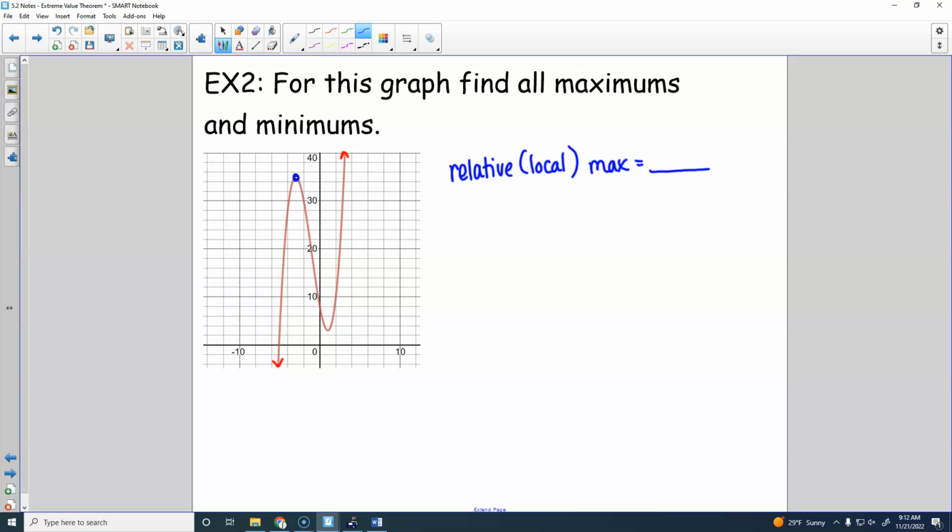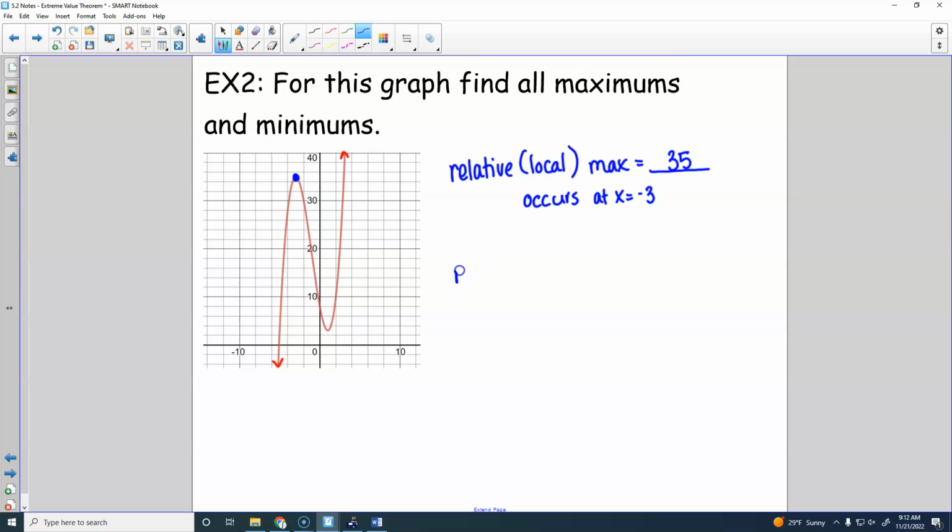And which coordinate is our maximum? The y. So the y coordinate there is probably 35, we're estimating a little bit here. We could say that it occurs at x equals, that looks like it's probably -3. But the maximum value is 35.